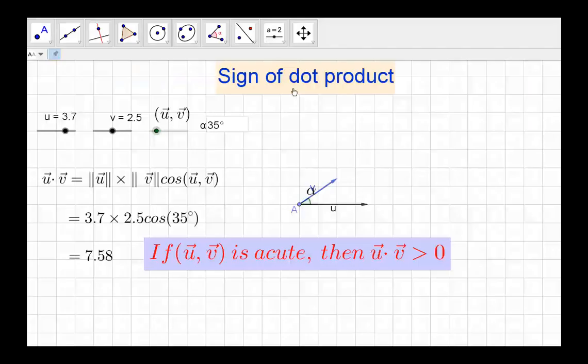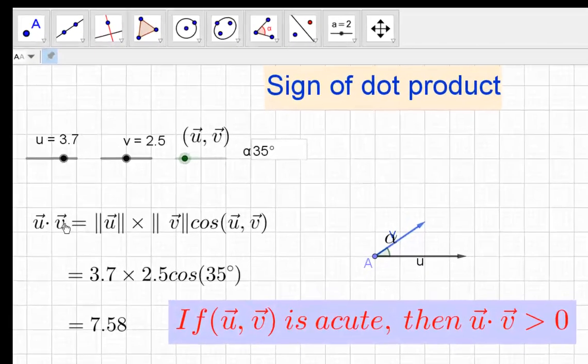Sign of dot product. With the aid of GeoGebra, we will study the effect of the angle between two vectors u and v on their dot product. Notice, if the angle between the two vectors is acute, then the dot product is positive and they have the same sense.